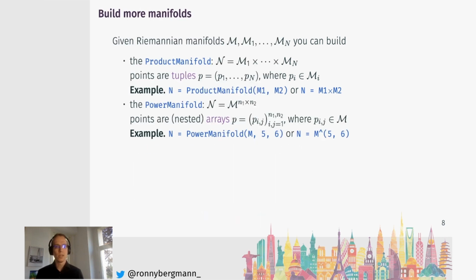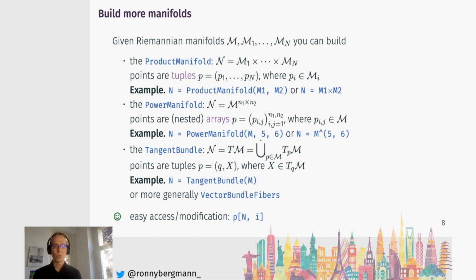The next one is the power manifold. So you have one manifold and take the product with itself. Then you can also use M to the power 5, 6 to get the power manifold. And then you have either arrays or nested arrays, depending on what you prefer, to represent points on the power manifold. The next one we automatically build is the tangent bundle.